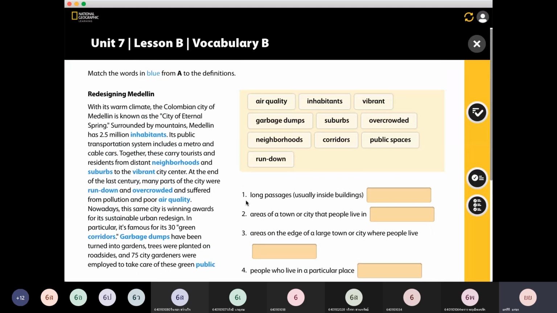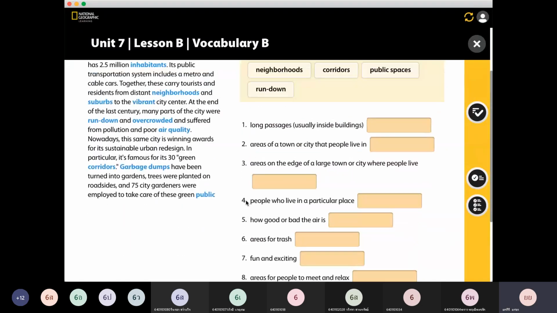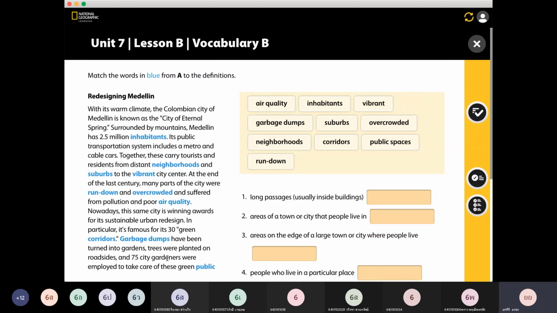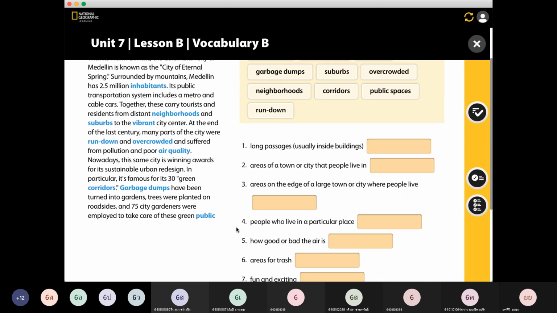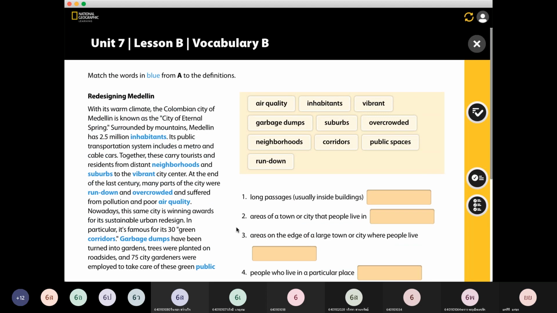So let's match the words with their meaning. These are words that can be used to describe particular areas or locations, more like urban words, or words related to urban locations.